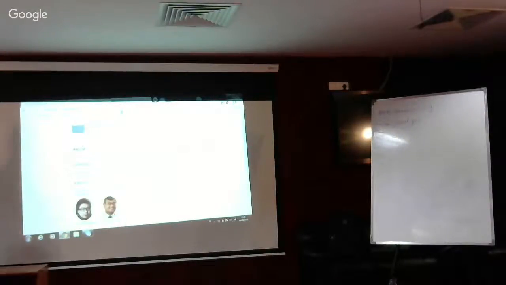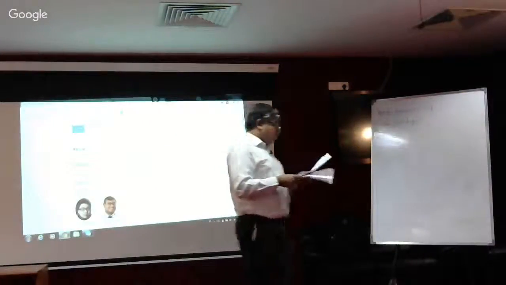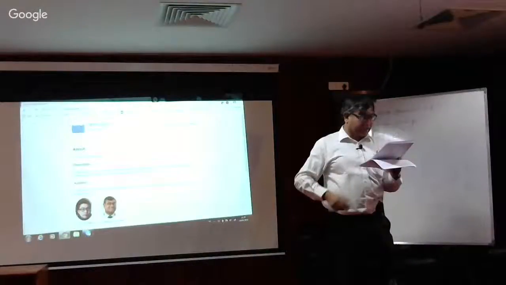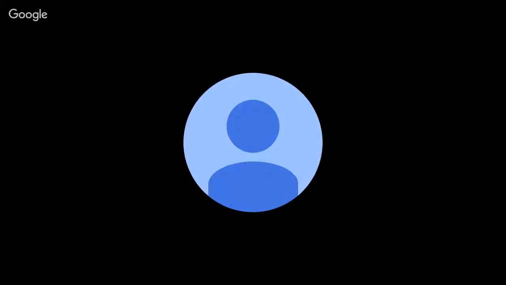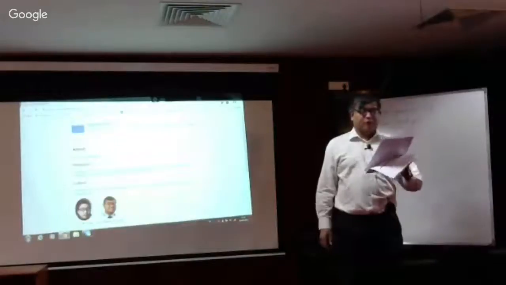So maybe I'll just read the problem first and then we can solve it. So the problem says that a symmetric airfoil is at an angle of attack equal to 4 degrees. I think the degrees didn't come out well here, but it's 4 degrees.